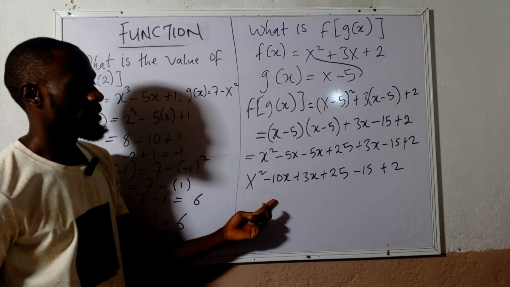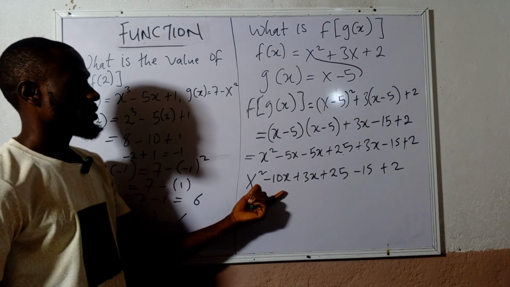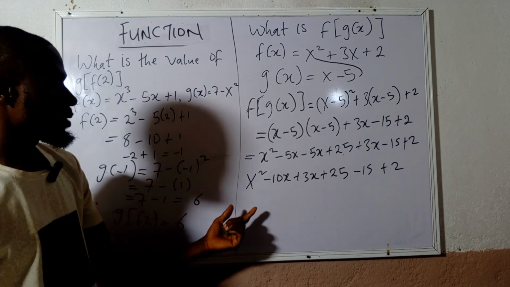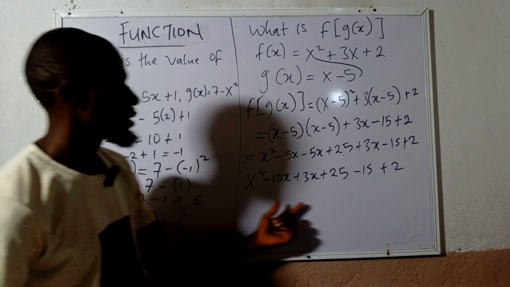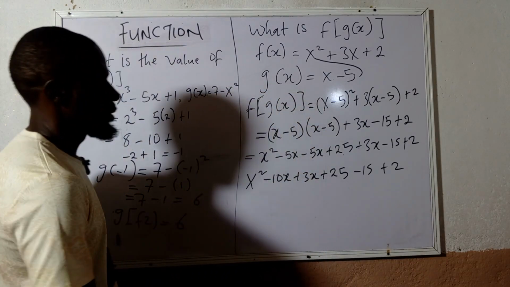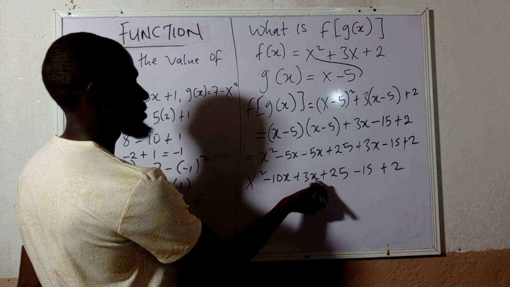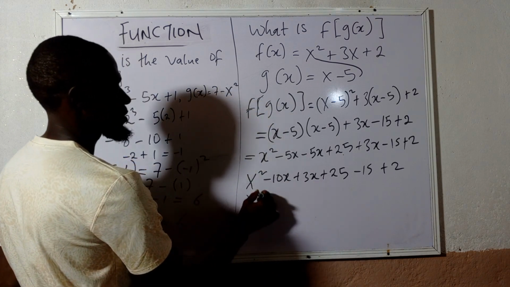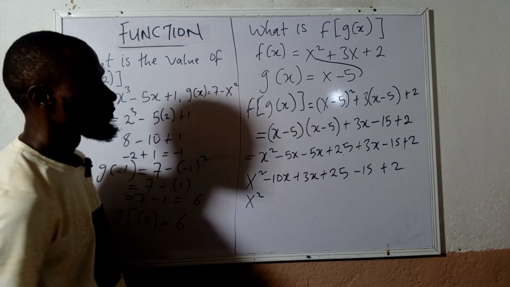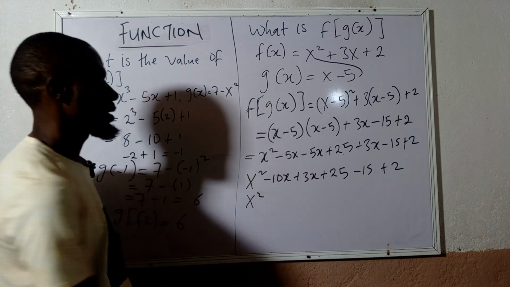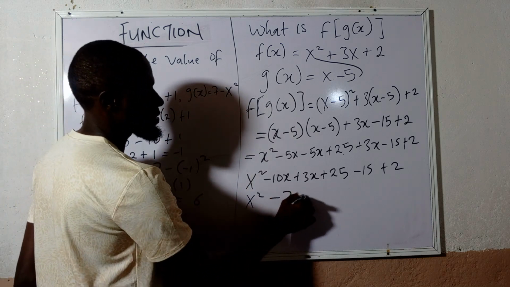Then if you add the total of this, you will have x squared, minus 10x plus 3x. Here we'll have minus 7x.